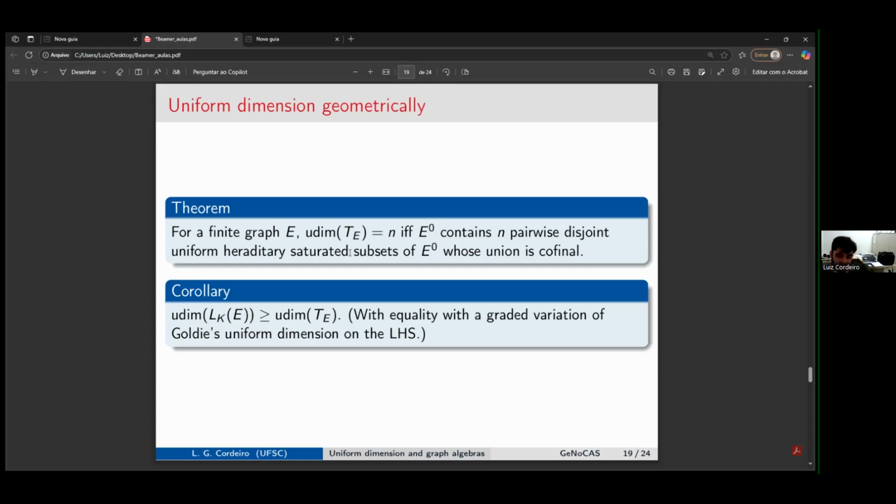It's called the type semigroup, or the graded type semigroup. We have worked a little bit on it in a previous paper, but it is harder to deal with. However, we hope that things can be translated.